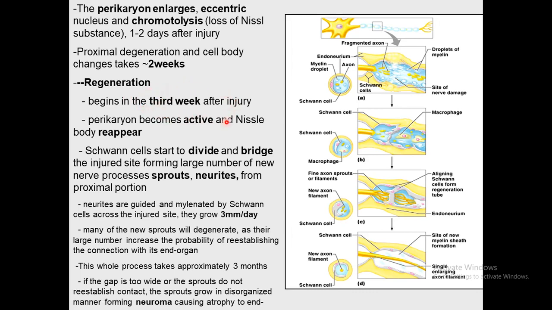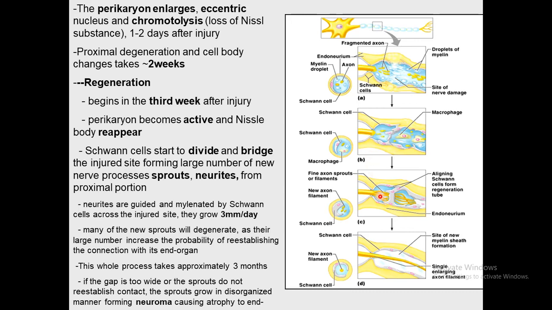The neuronal cell body or pericardium will regain its activity, with appearance of nasal bodies and the normal size of the pericardium. Then the Schwann cells will start to form bridges, and those bridges will guide the healing process for the axon.